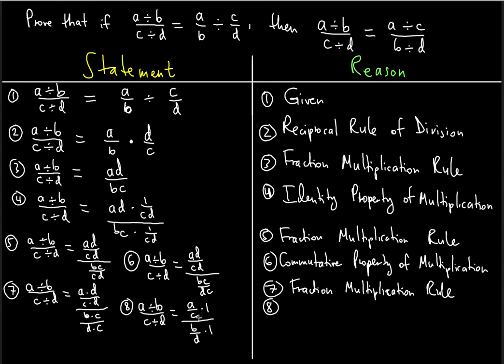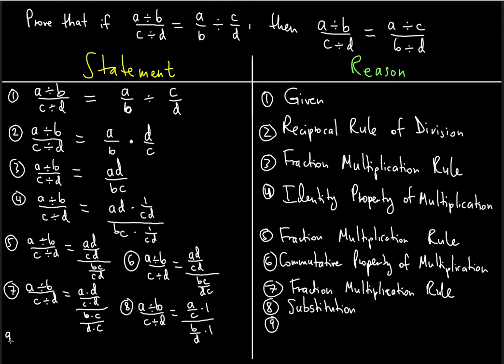The simple reason for this is that we know D divided by D is 1, C divided by C is 1. This is just a substitution, because we substituted D over D with 1 and C over C with 1. So that's easy.